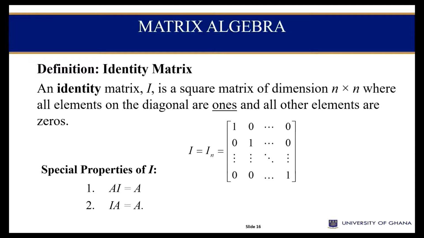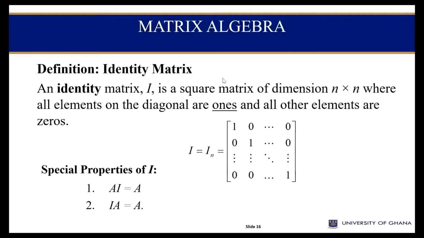The row is the same as the column, where all elements on the diagonal are ones and all other elements are zeros. Therefore, we write any matrix which we call identity by the capital letter I, meaning that this is an identity matrix and it is a square matrix.